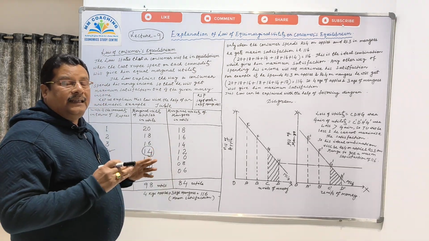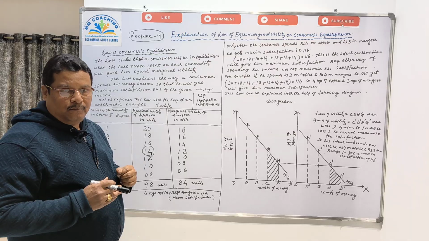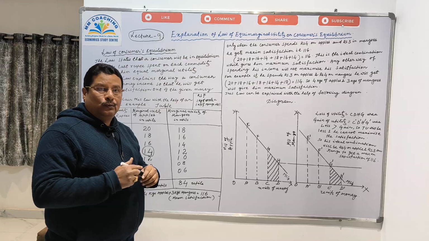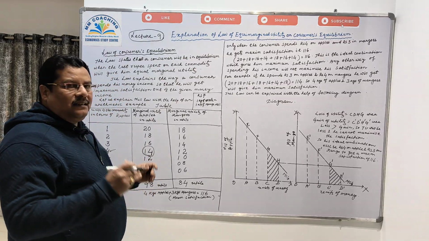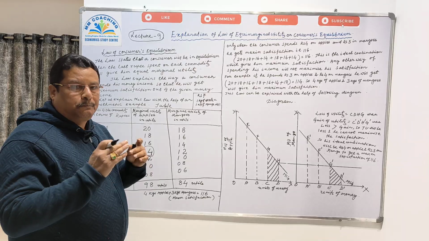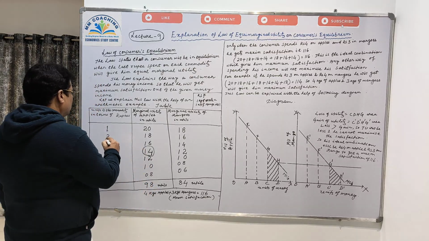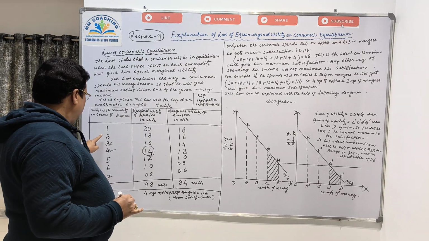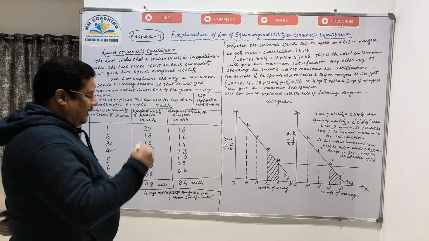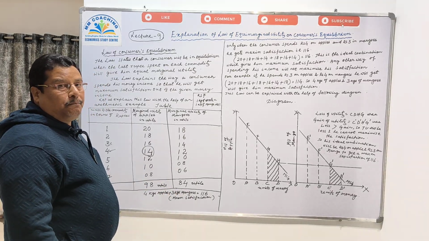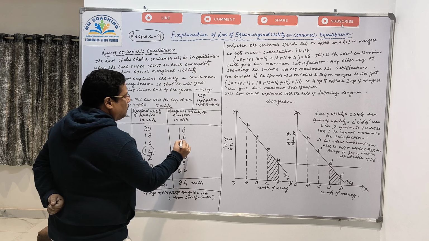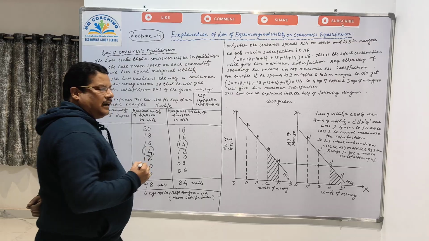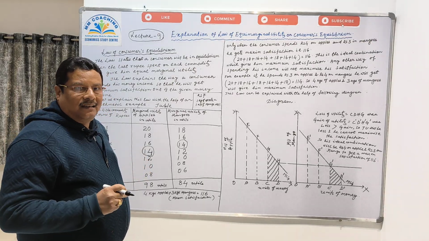Here he will spend rupees 3 to purchase 3 kg of mangoes. So what is the last rupee spent on mango? This is the last rupee, third. 1, 2, 3. And in the last rupee of mango, look at the table, marginal utility is how much? 14.